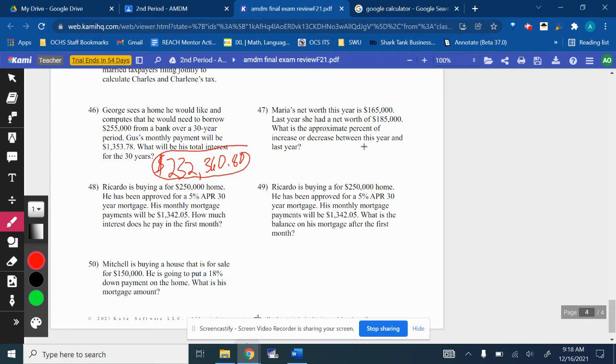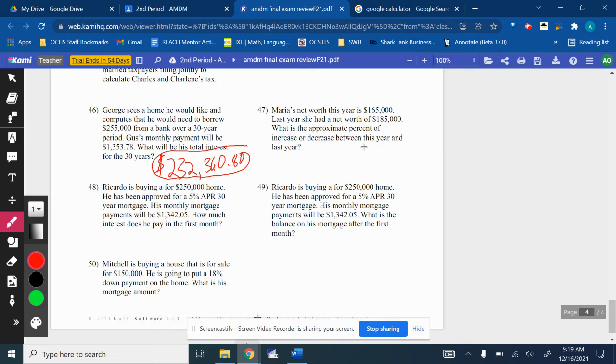But for percent increase or percent decrease, you take your final amount minus the initial amount, take the absolute value and divide it by the initial amount, and then multiply it times 100.